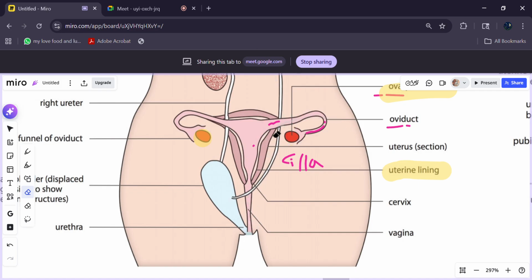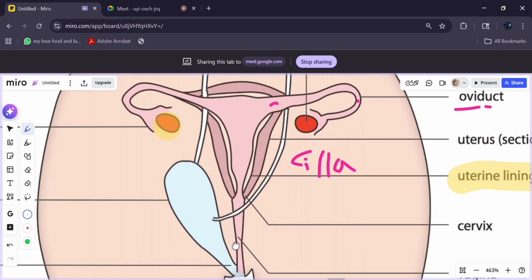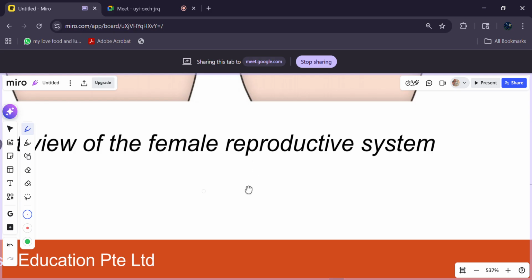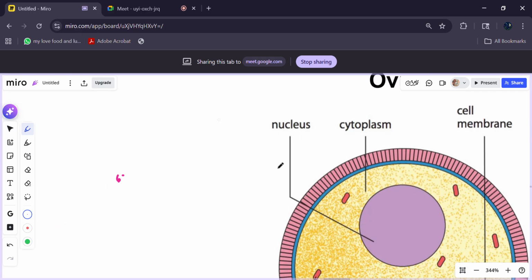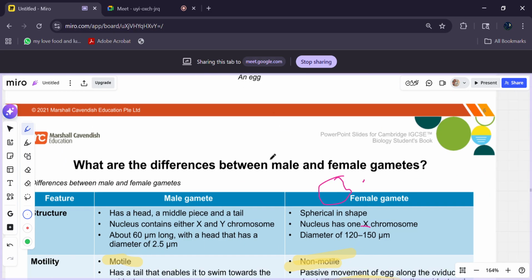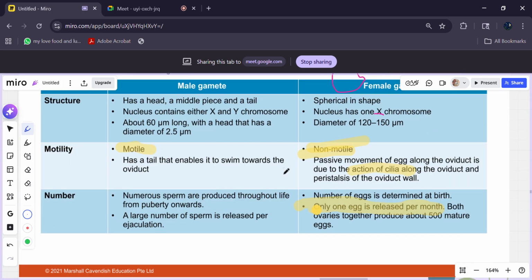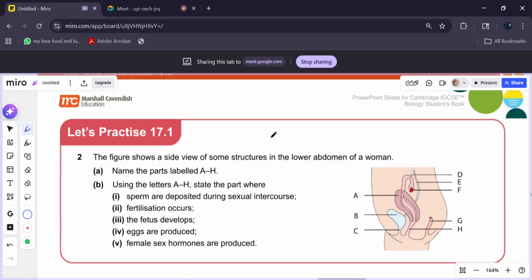Fertilization occurs in the uterus. It becomes fertilized and produces a zygote. And then from there on, the child is produced. The unborn child starts to develop, and that is how it happens.